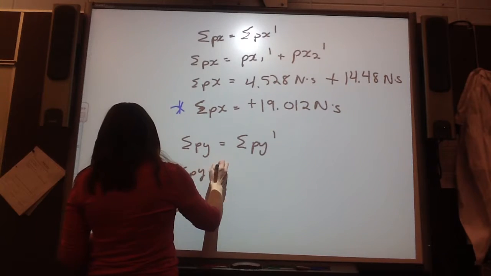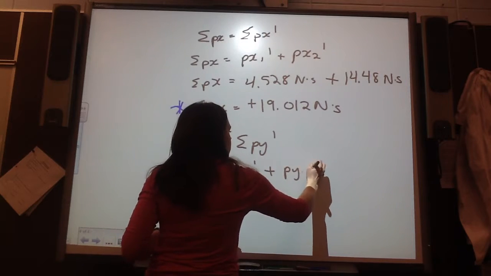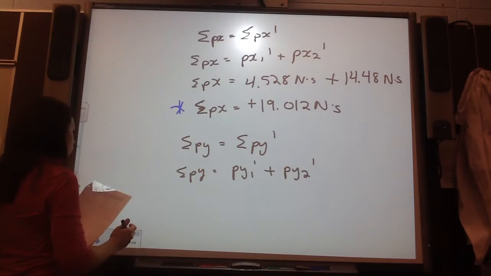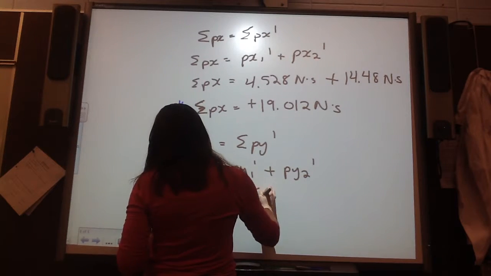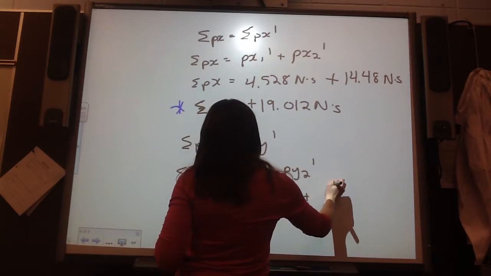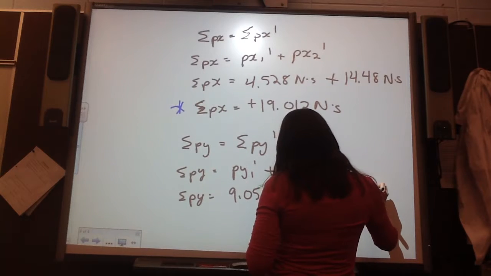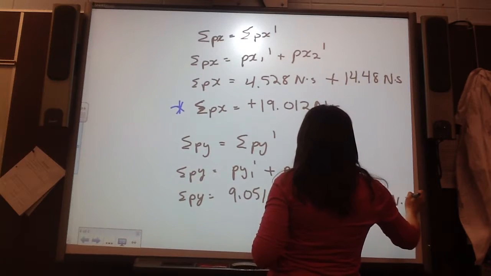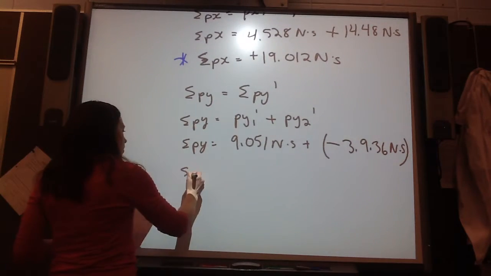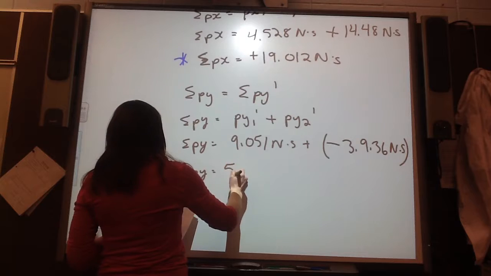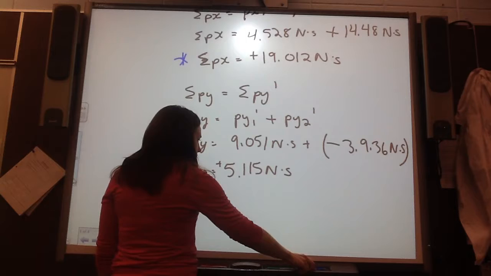So the sum of py is equal to py1 prime plus py2 prime. Sum of py is equal to 9.051 Newton seconds plus negative, make sure you didn't miss that one, negative 3.36 Newton seconds. So the sum of py is equal to positive 5.115 Newton seconds.